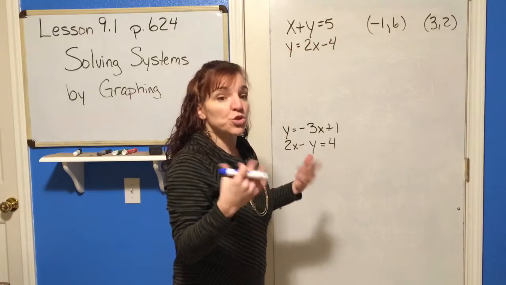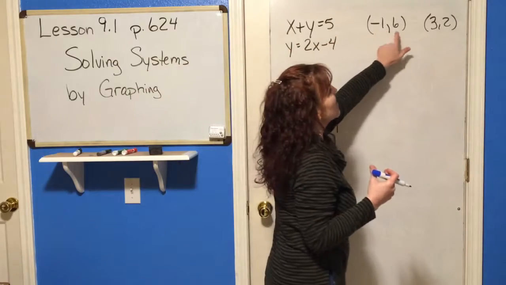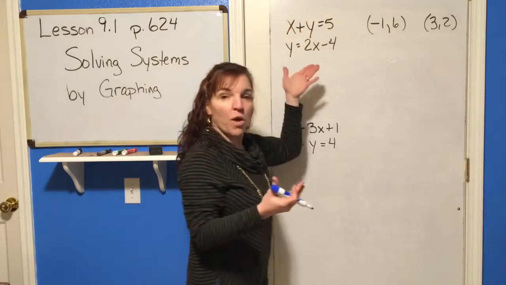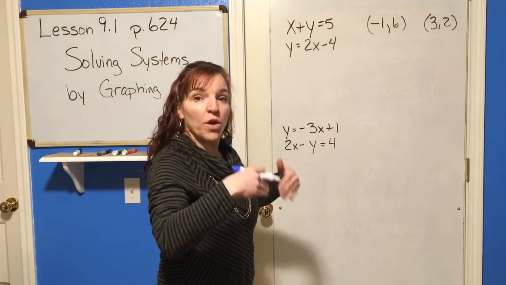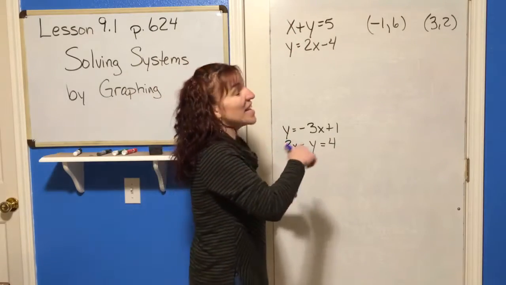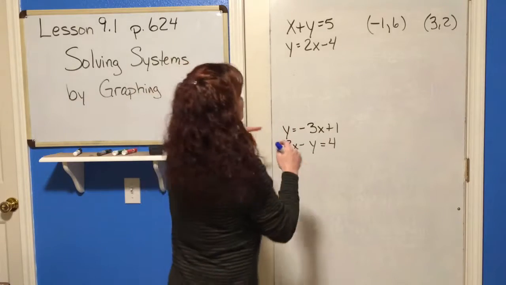So in order to check that, you simply plug in the x and the y from the answer I've given you into both equations. And if both equations are true, then it is a solution. And if either or both of them are not, then it's not a solution. Let me show you what I mean.